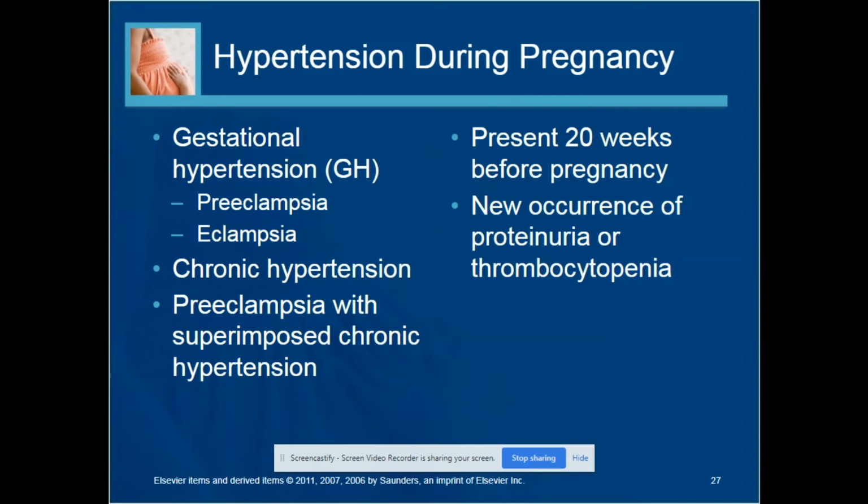So this presents before 20 weeks. If they have chronic hypertension, it is present 20 weeks before pregnancy. Or if they have preeclampsia, there's a new occurrence of proteinuria or thrombocytopenia.